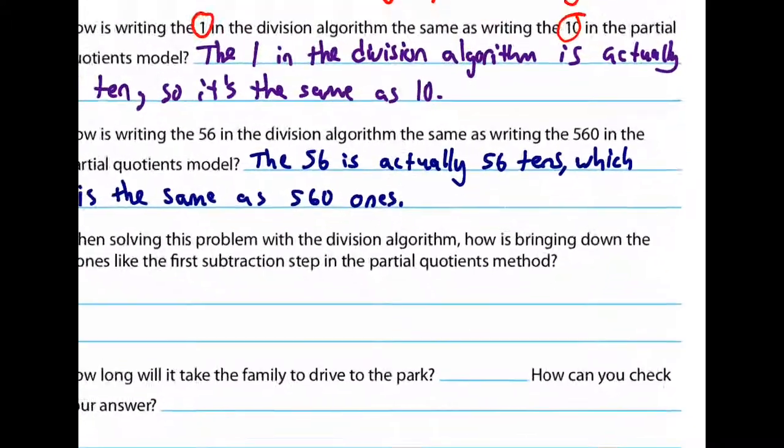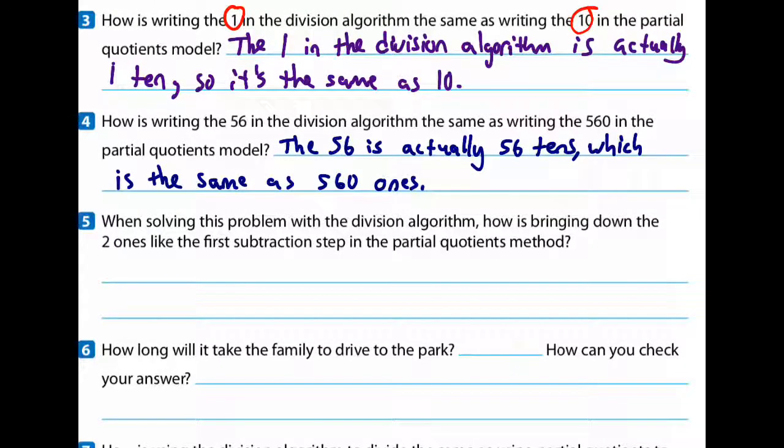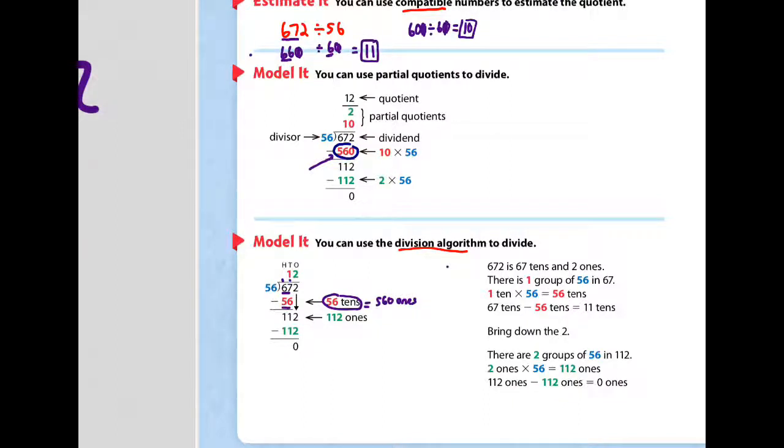All right, now number 5 says, when solving this problem with the division algorithm, how is bringing down the 2 ones like the first subtraction step in the partial quotients method? So we're going to compare bringing down the 2 ones to the first subtraction step in partial quotients. So let's go back over here and find it. All right, so let me erase all the junk.